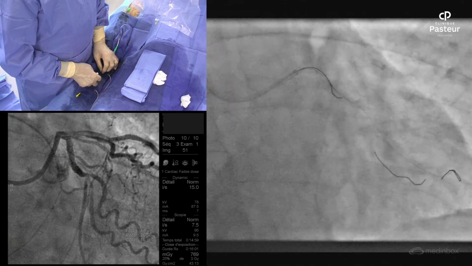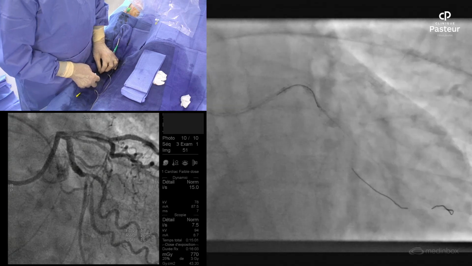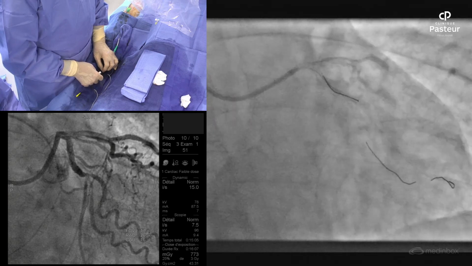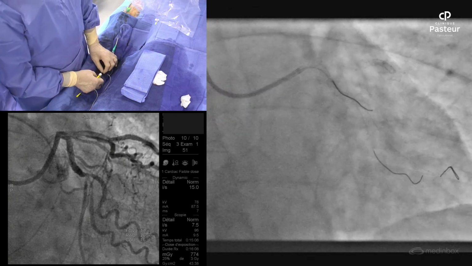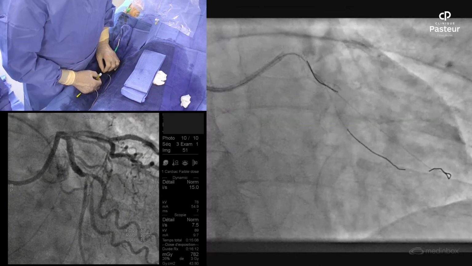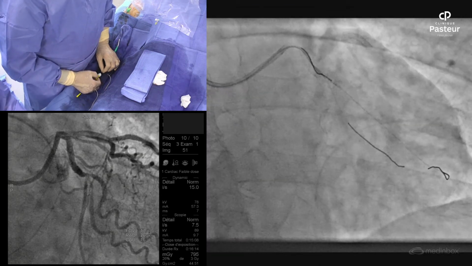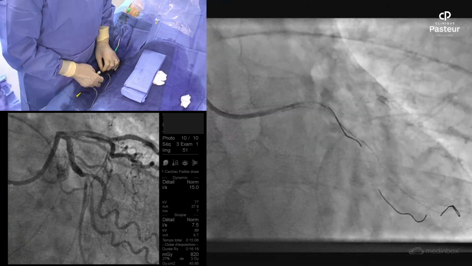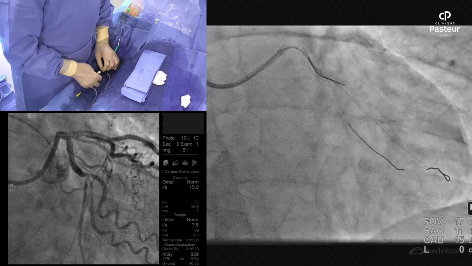What we will try to do is to place the wire in the first OM. And then, when we are in the first OM, you pull back, turn a little bit clockwise, and then try to find it like that. We will see.